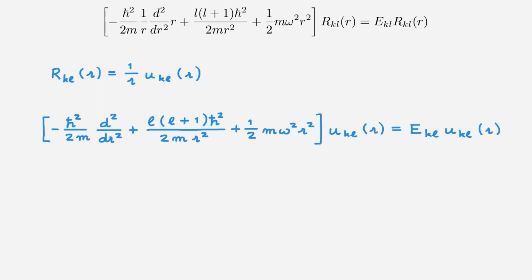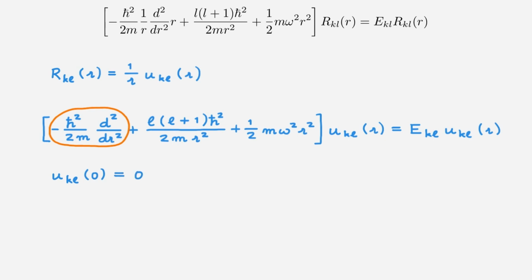So what have we really accomplished? This new equation for u is simpler than the original one for R, because this differential operator has a simpler form. There is, though, an extra point. To ensure that we get physically valid solutions, we also have a boundary condition on the u function, which, when evaluated at the origin, must vanish.